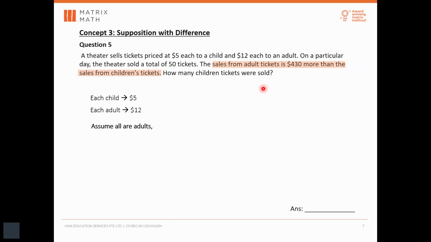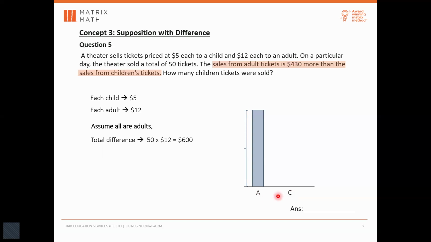So if you assume all are adult tickets, how much is that? 50 times 12 is 600. Let me explain why it is called total difference, not total amount. Because this 430 is not the total, right? It's the difference. What I'm focused on is the difference between the amount collected from the adults and the children.